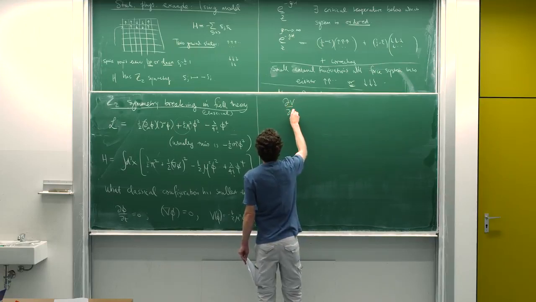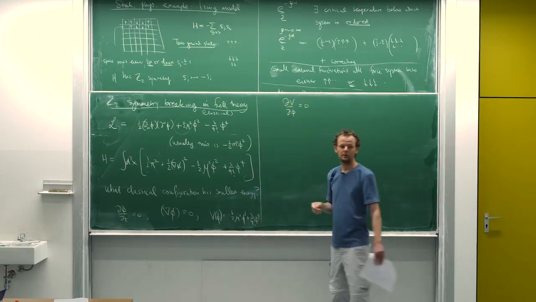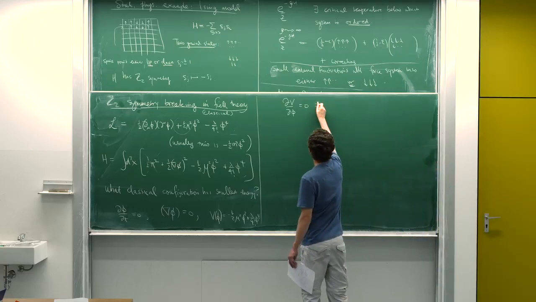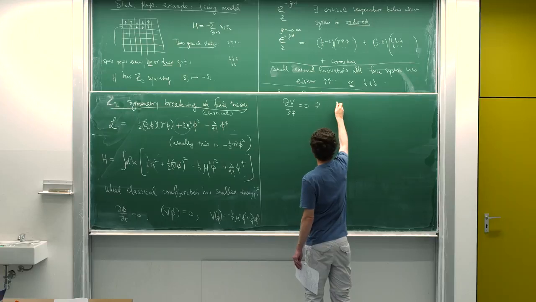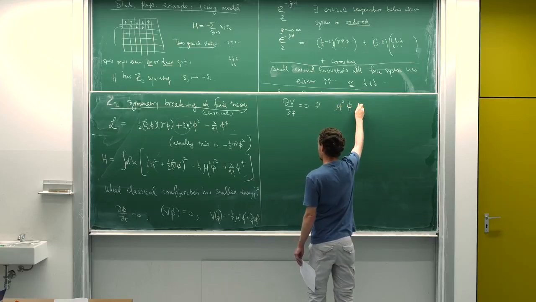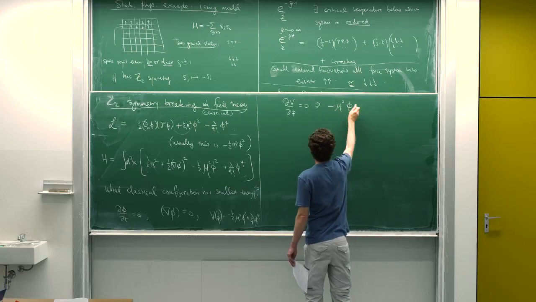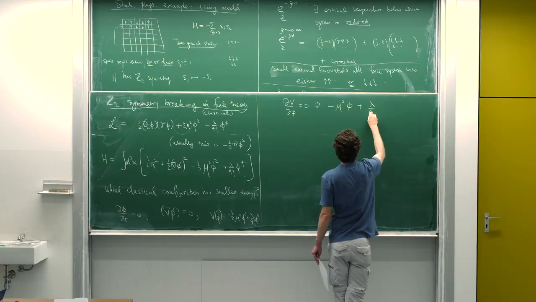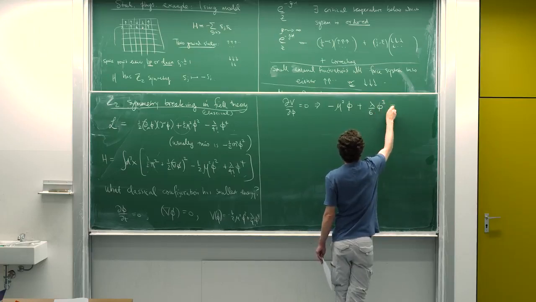The minima will occur when the derivative of V with respect to phi is 0. This is minus mu squared phi plus lambda on 6 phi cubed.